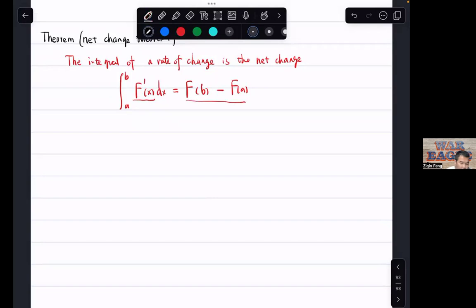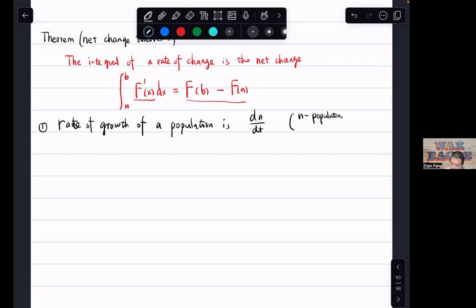Two specific examples. The first one: if you are given the rate of growth of a population, that is dN over dt, where N represents the population and t the time, either in years or days or decades.